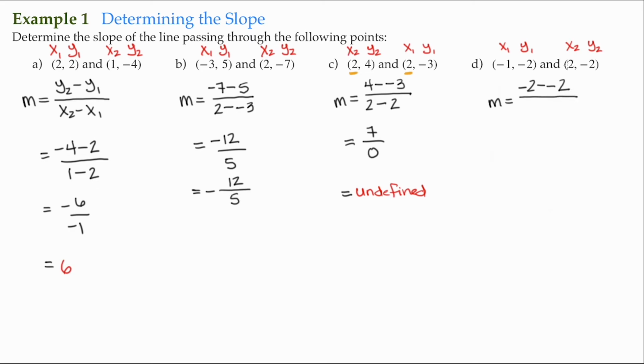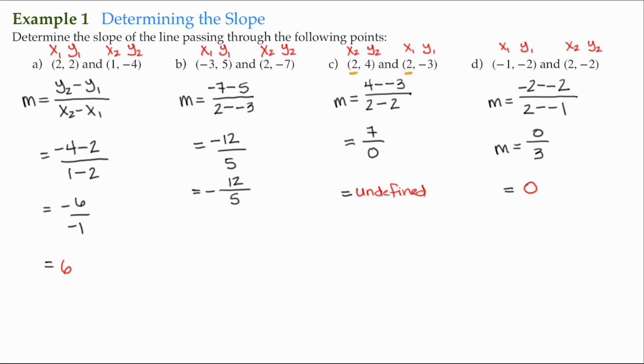And then x sub 2 is going to be 2 minus negative 1. Negative 2 minus negative 2, that's negative 2 plus 2. That's 0. And 2 minus negative 1, it's the same as 2 plus 1. That's 3. Now you can divide into 0, but anything divided into 0 is equal to 0.